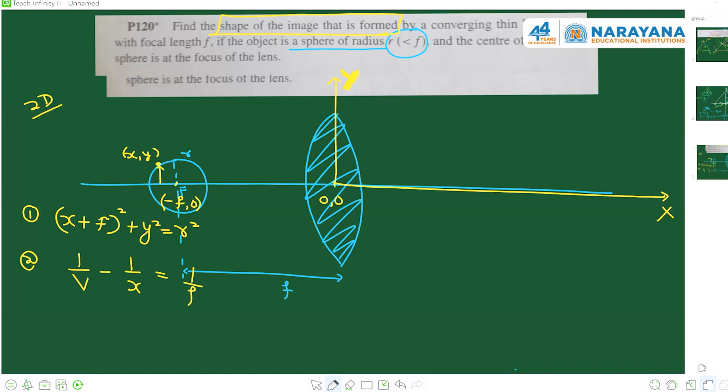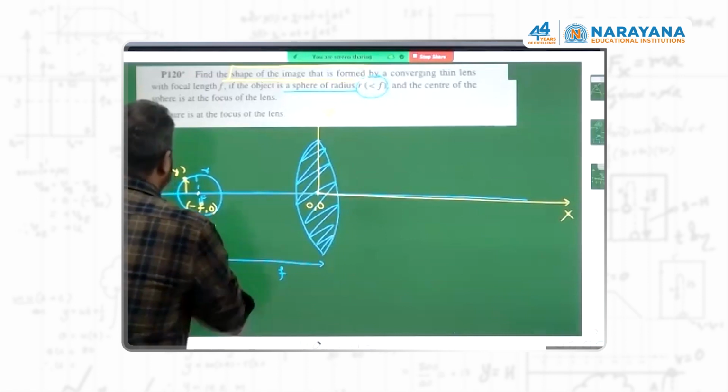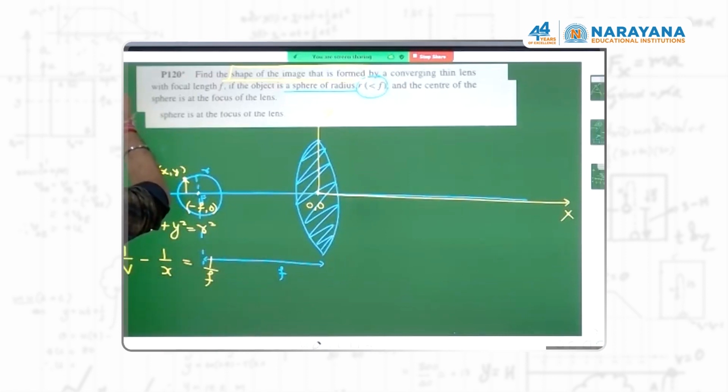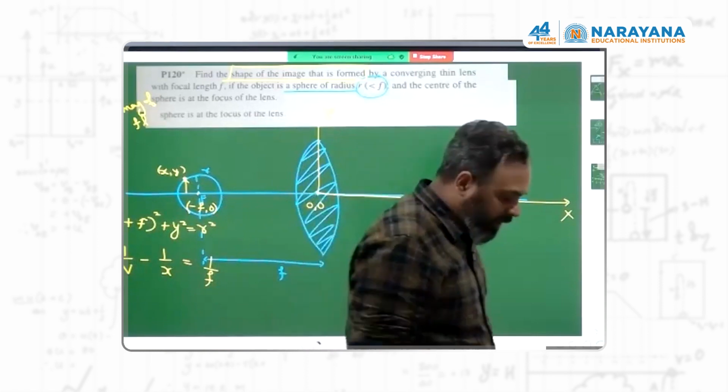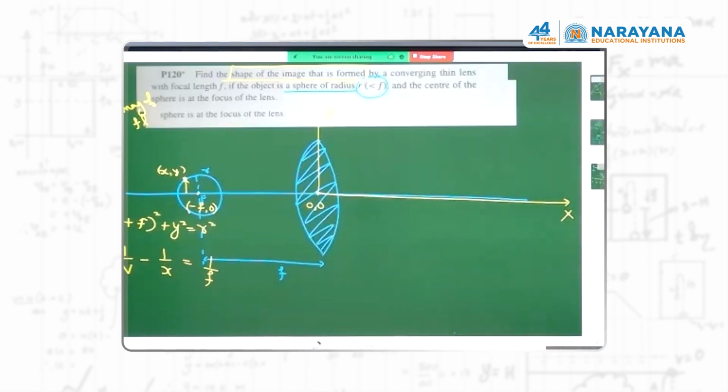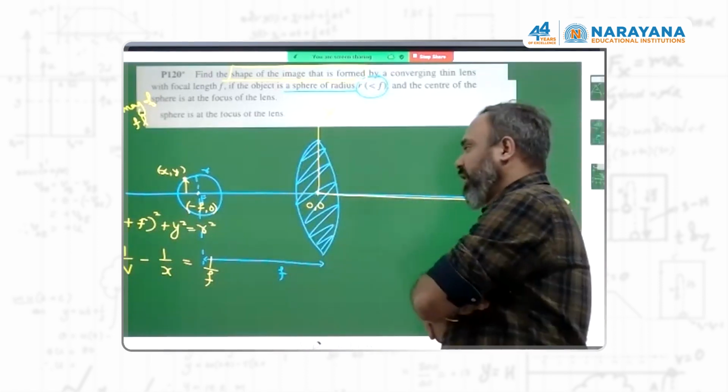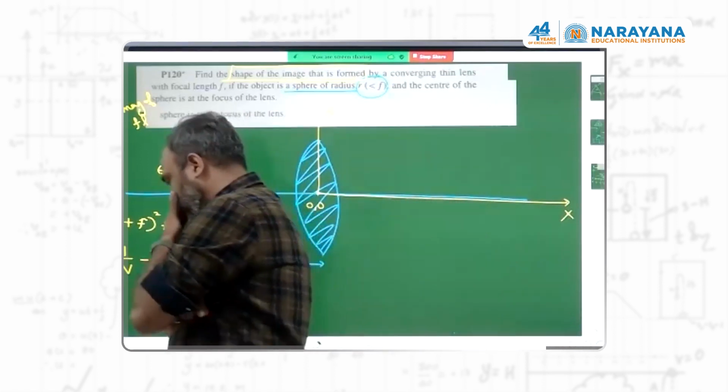So take it as f. Remember, I have already taken f in this problem as the magnitude of the focal length. So while writing the further equations, I'm taking care of that. I have substituted x only. So 1 upon f seems fine.